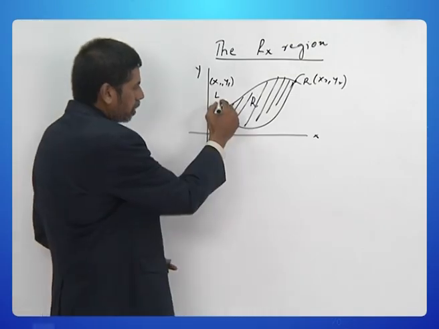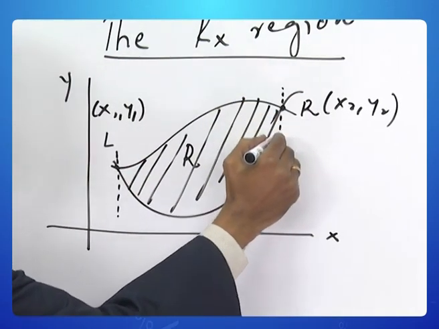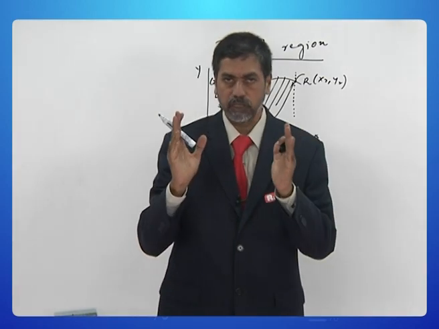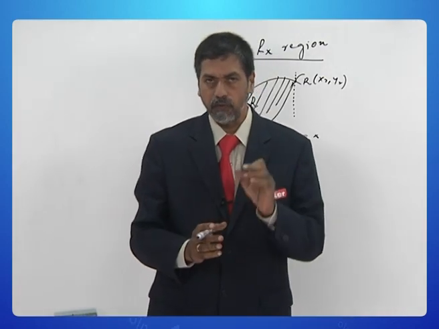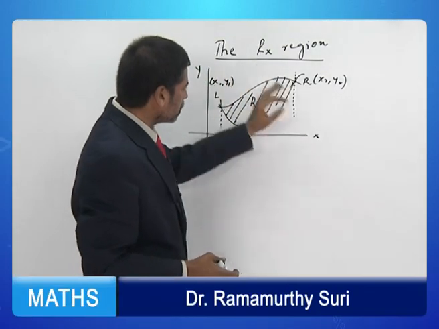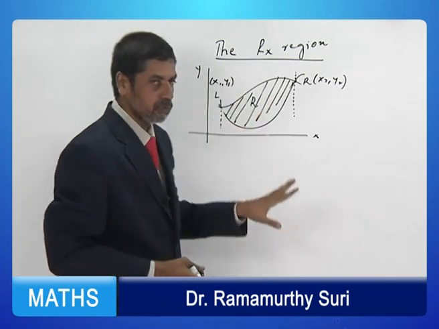Now, if you imagine vertical lines through the leftmost and the rightmost points, we will observe in this diagram that between these two lines, the upper curve and the lower curve do not intersect anywhere in between.